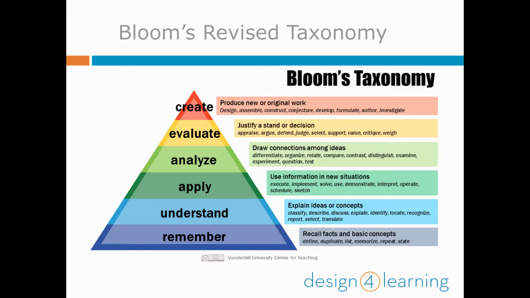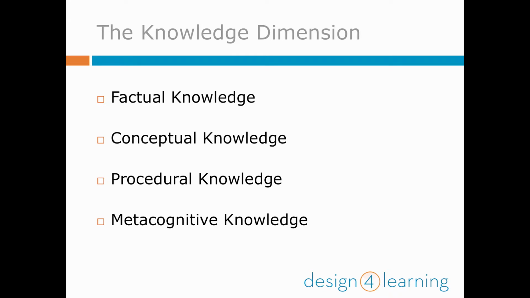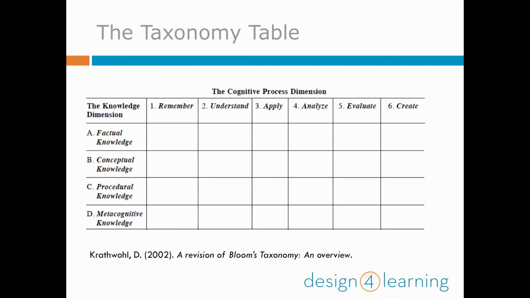In addition to the cognitive process dimension that we're looking at here, Krathwohl categorizes learning across a knowledge dimension. There isn't just knowledge. There are types of knowledge: factual, conceptual, procedural, and metacognitive. Krathwohl shows both dimensions in his taxonomy table.